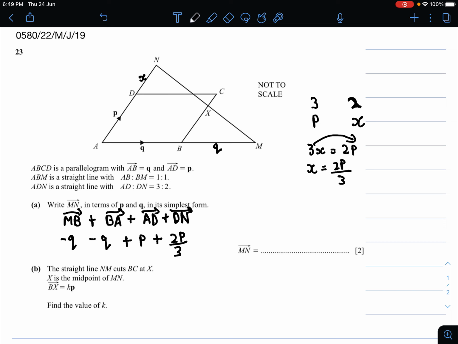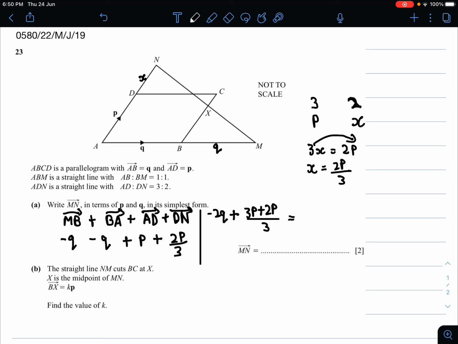Now all we need to do is go ahead and simplify. So let's do that. So minus 2q, because minus 1 becomes minus 2, so minus 2q plus, you take the LCM, so LCM is 3, so you multiply p in the numerator and denominator both by 3, so 3p plus 2p divided by 3, because they have a common denominator now, so we can write it as a single fraction.